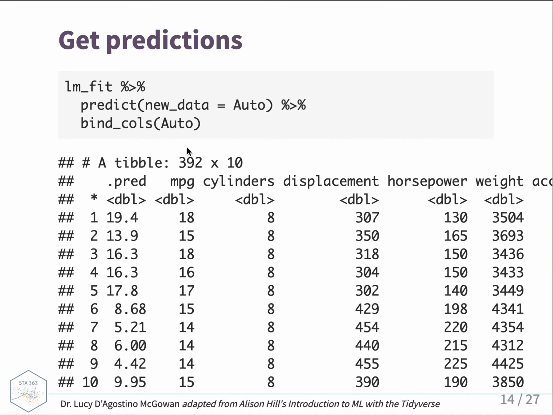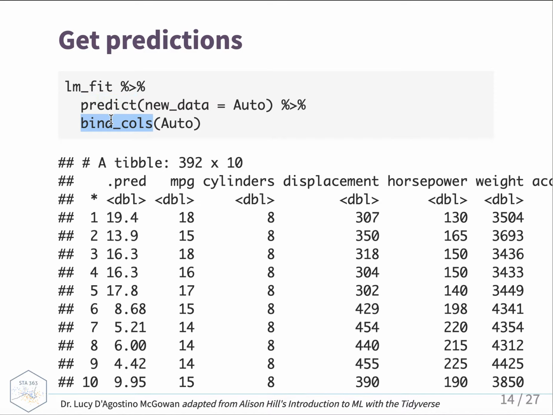And so this is what it looks like if I actually bind the columns back to the original auto data set. So what I can do here is I'm taking my lm_fit object, so that's my linear model that I just fit, and then I'm going to predict each individual outcome. So I'm going to get predicted values for each of my observations.